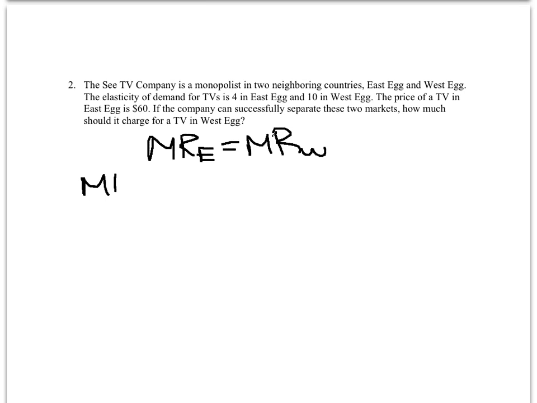So we know that marginal revenue is also going to be equal to P times 1 minus 1 over the elasticity. So all we need to do is to find the equations for both situations.